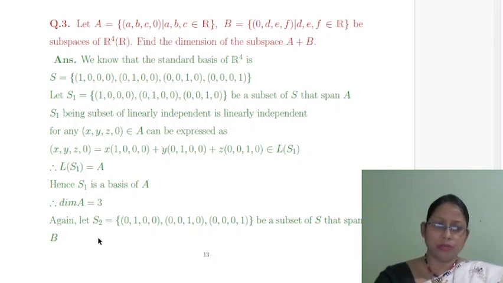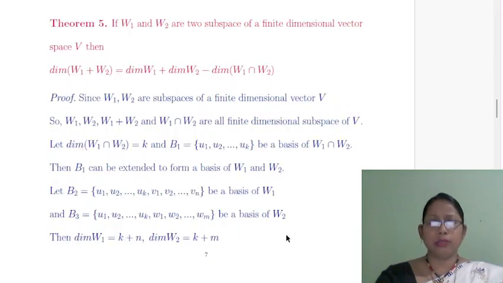So the dimension is 3. Again, I consider S2 to be the collection of vectors 0, 1, 0, 0, 0, 0, 1, 0 and 0, 0, 0, 1. Then S2 is a subset of S that spans B. S2, being a subset of a linearly independent set, is linearly independent.